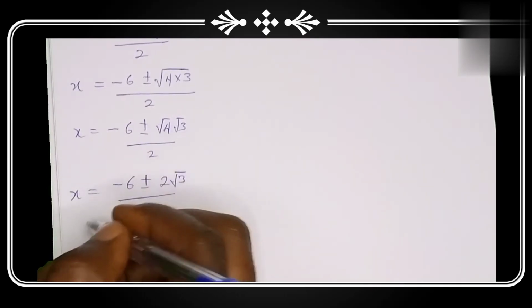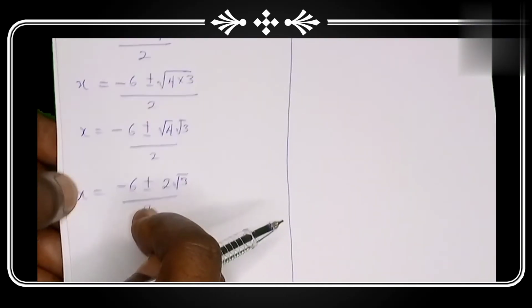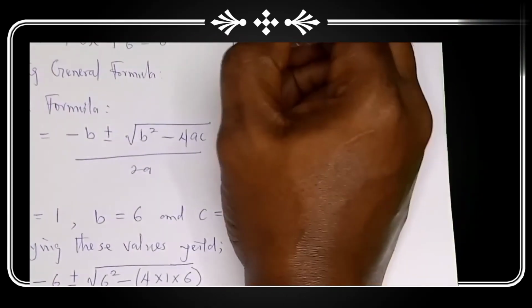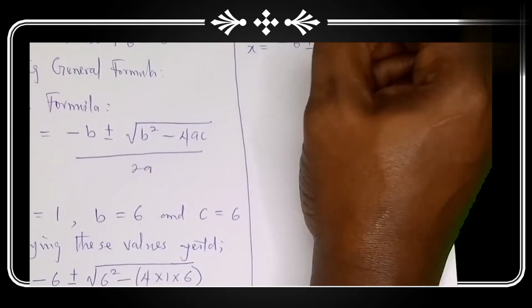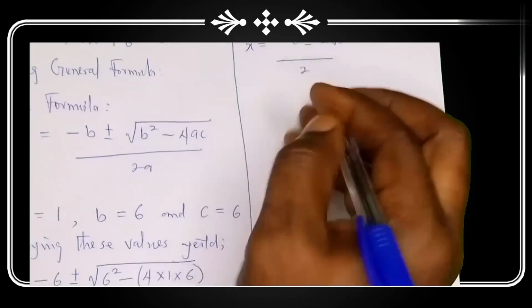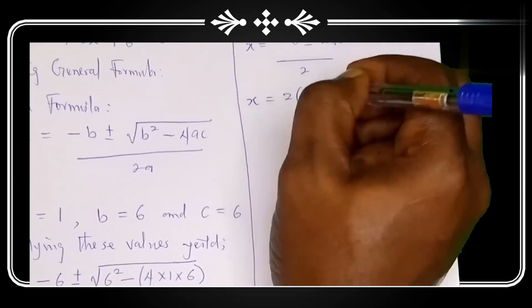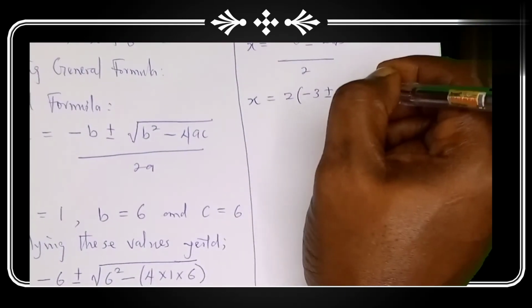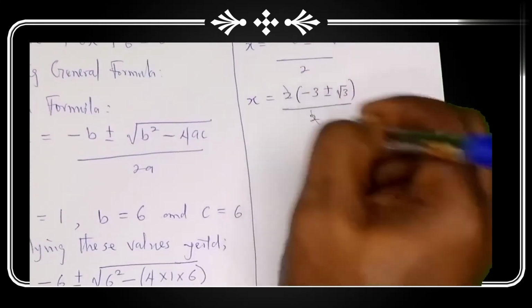Then let's factorize 2 out. From x equals this, all over 2, we can factorize 2 out of the numerator. Then we have 2 into minus 3 plus or minus root 3 over 2. Then 2 we cut 2.